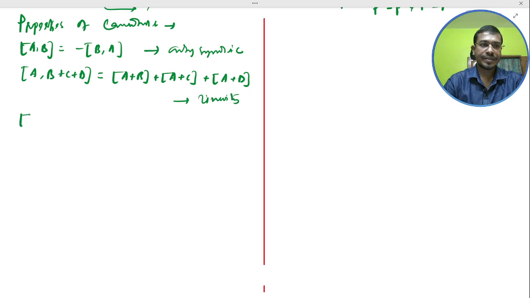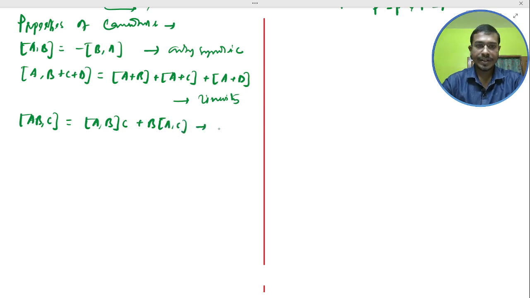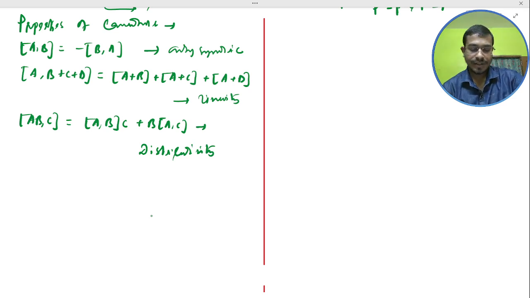Next, the commutator of AB with C, where order is very important, is A with C, B plus A, B with C. Order is very important. This is the distributivity. And the last one, the Jacobi identity. You are all familiar with it from the Poisson bracket in classical mechanics.